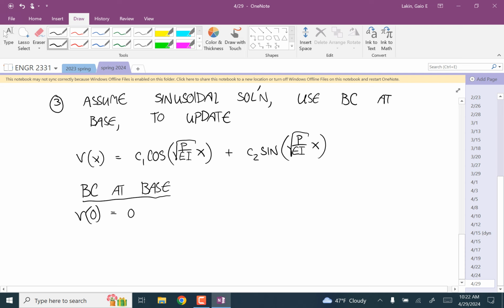And so plug in x equals 0 and you get that C1 times the cosine of 0, which is 1, plus C2 times the sine of 0, which is 0, is equal to 0. And so C1 is equal to 0.